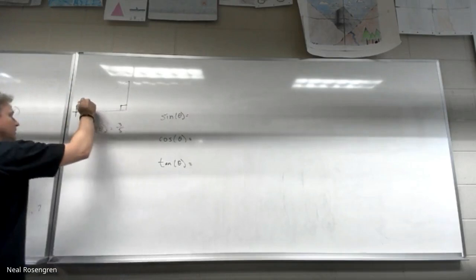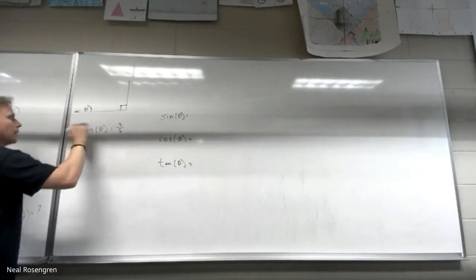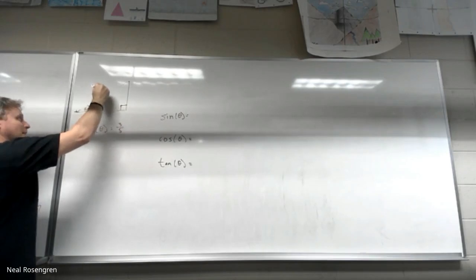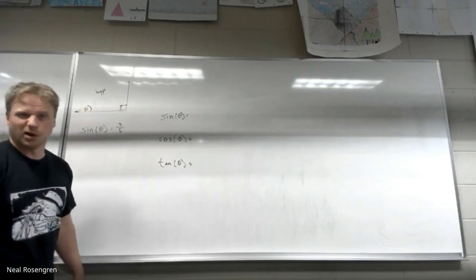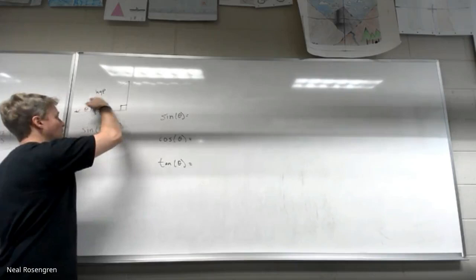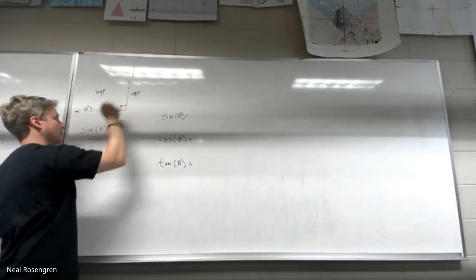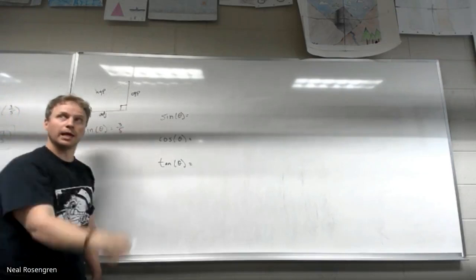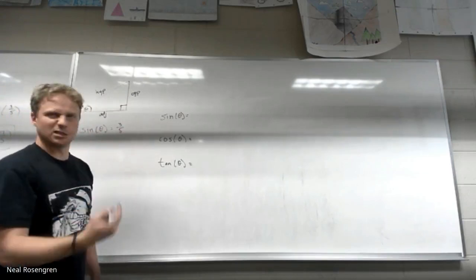If this is my angle right there, the side across from the right angle is the hypotenuse of a right triangle. The side way across from the angle itself, that's going to be my opposite side. The side next to the angle that's not the hypotenuse is adjacent.